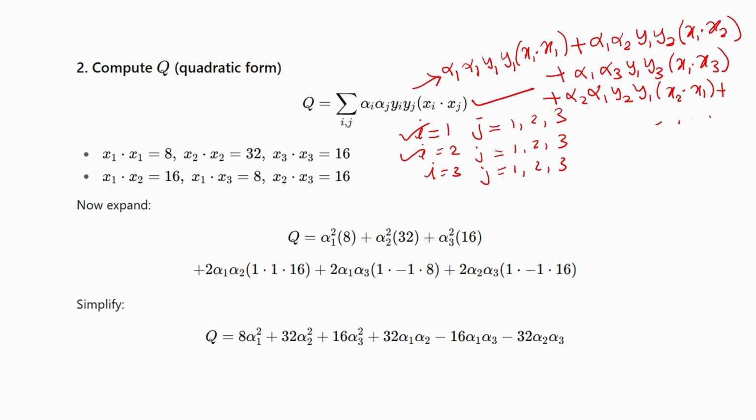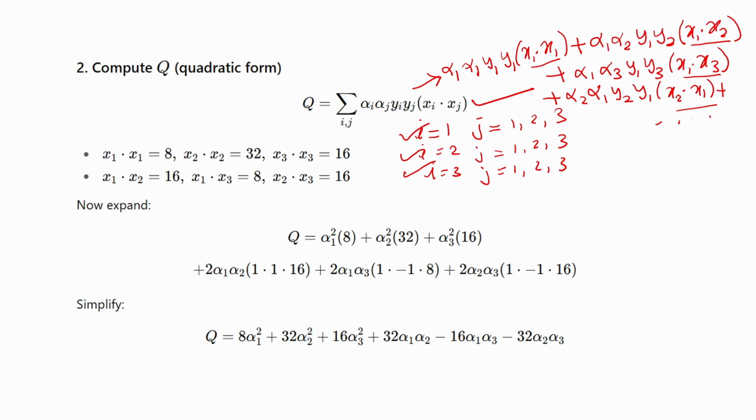When you expand this, you will get the remaining terms. Then do the same for i is equal to 3. We can see that we have terms like x1 dot x1, x1 dot x2, x1 dot x3, x2 dot x1. So we are finding them separately.